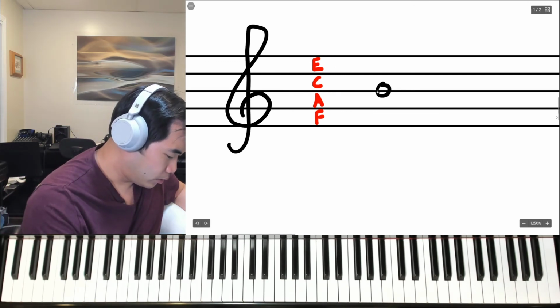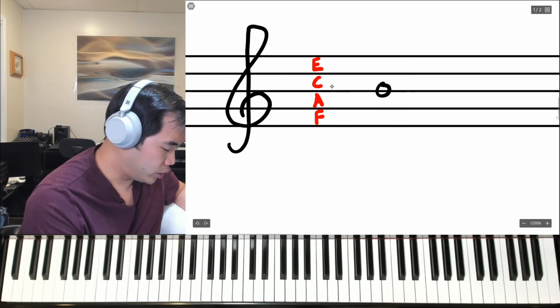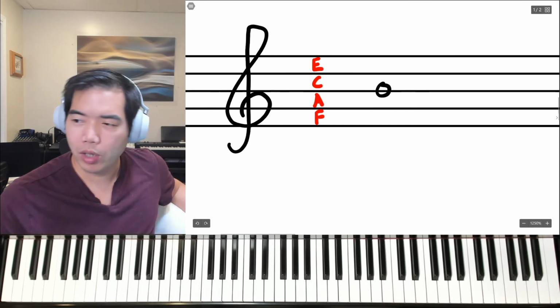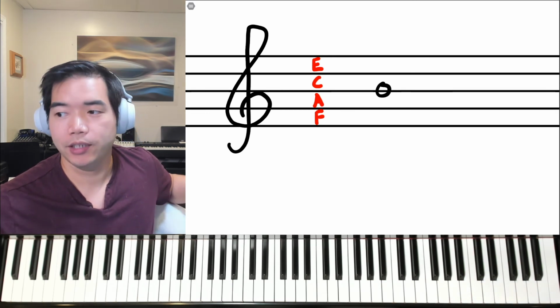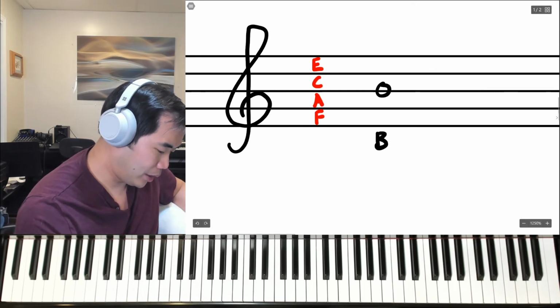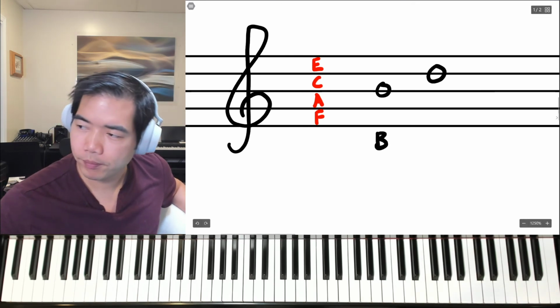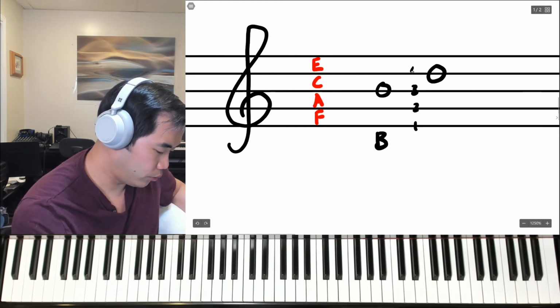Well, this note is on the middle line, the third line, which is in between A and C. Well, what letter comes between A and C? A, B, C. So this is a B. Let's say that we have this note here. This is on the fourth line. 1, 2, 3, 4.